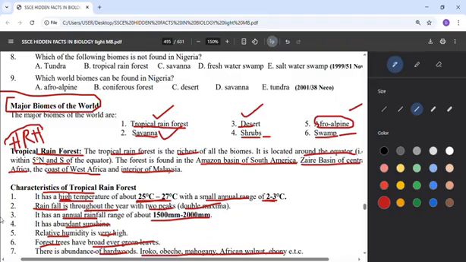So rain is throughout the year with two peaks, double maximum. That means the time that the rain will be very heavy. So it's twice, two peaks, double maximum. It has an annual rainfall range of about 1500 to 2000. So that's for the rainfall range.